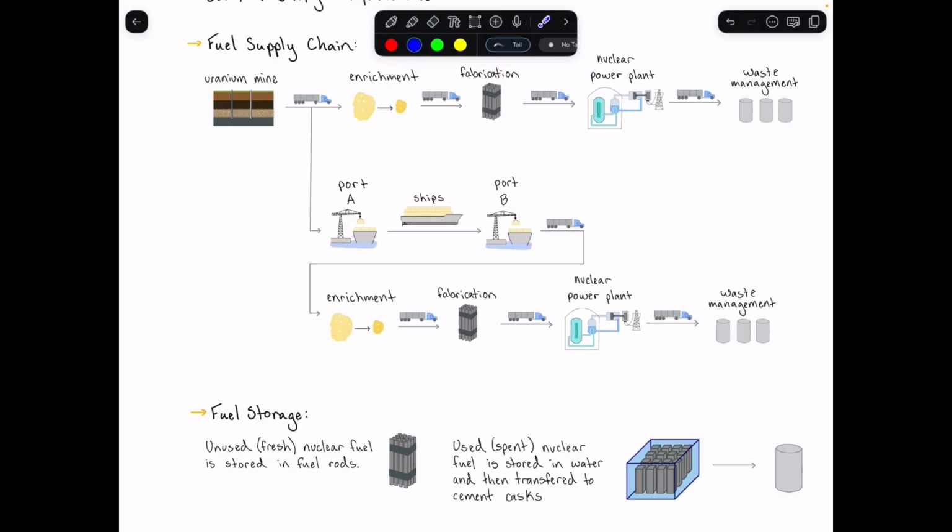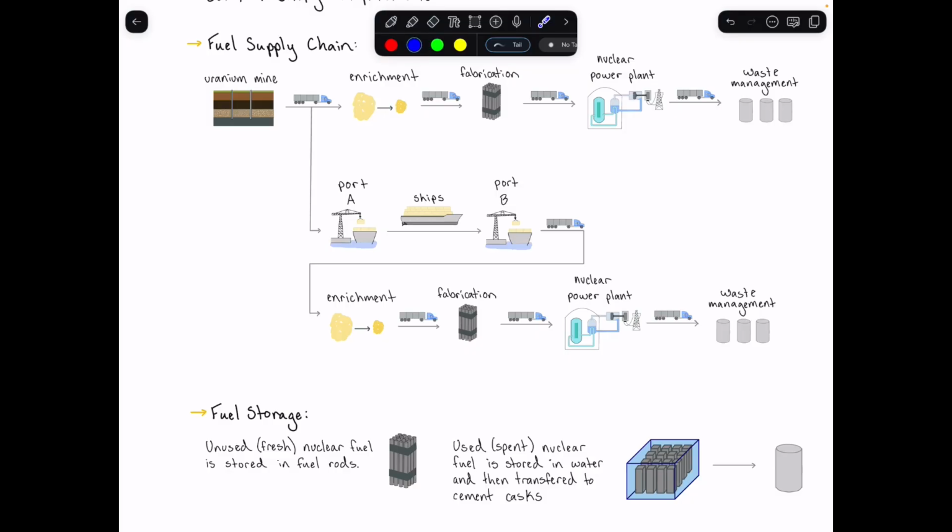Typically, nuclear power plants will refresh their fuel assemblies every 18 to 24 months. This large on-site fuel inventory makes nuclear power plants more resilient to both short-term and long-term fuel supply chain disruptions in comparison to coal-fired, crude oil product, and natural gas-based power plants.